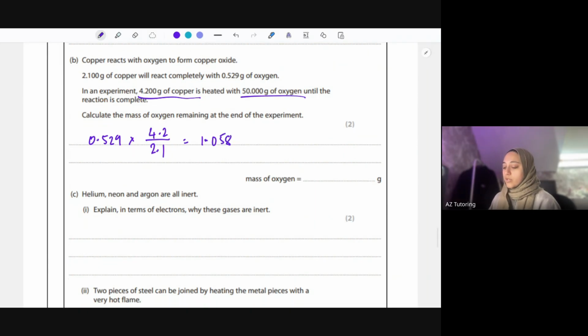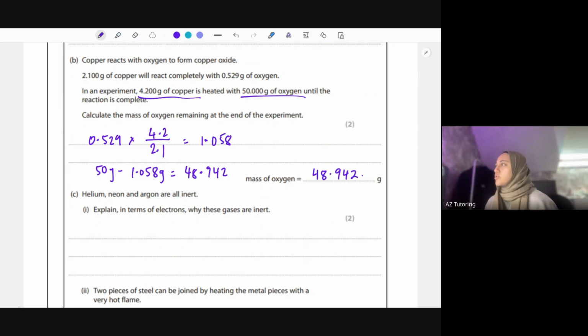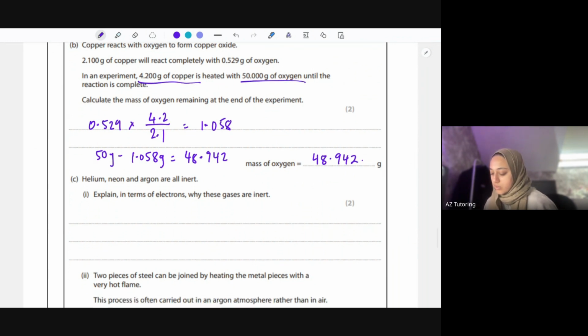And then with that number, we're going to minus it from the 50 grams of oxygen. So 50 grams minus 1.058 grams, you end up getting 48.942. It doesn't tell you how much to round this to, so I'll probably just leave all of what you end up getting. So what we did was we calculated the mass of oxygen, and then we minus that from the amount of oxygen we started with.